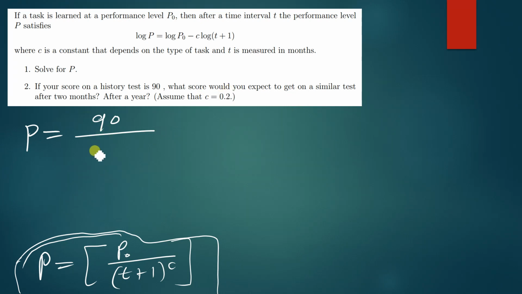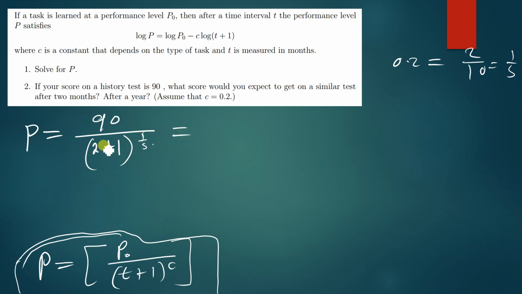So T is 2, then plus 1, then the C. Assume that the value of C is 0.2. So 0.2 can be converted to a fraction to make our work easier. So this is 2 over 10, which is 1 over 5. So you can just put 1 over 5 there.